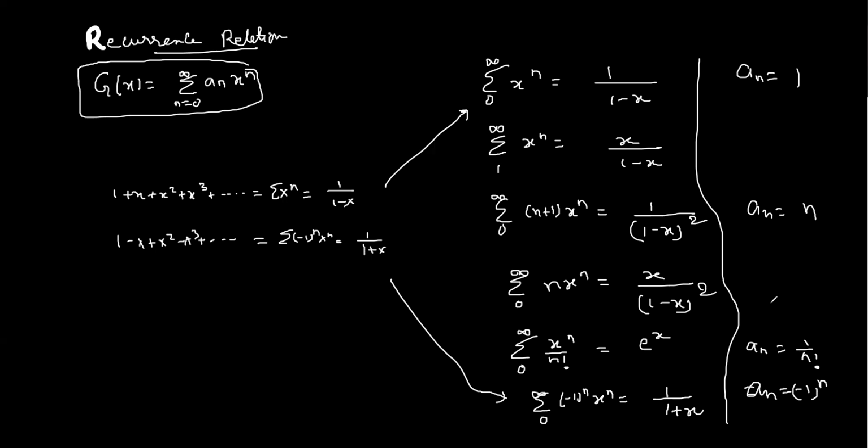This is 1, but a0 is given. This is n, but here a0 is given. Note this formula, then we will explain with an example.